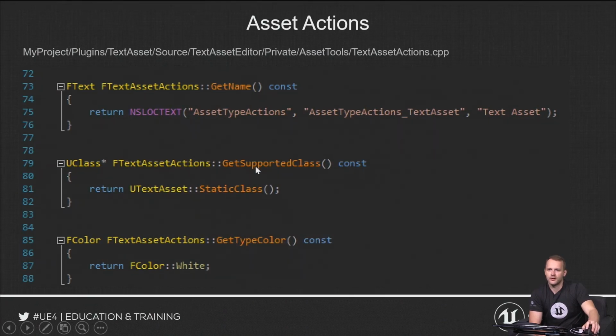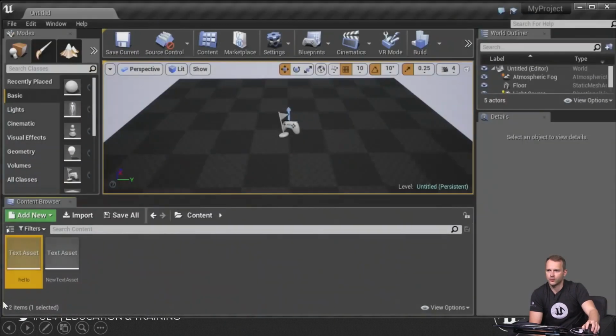There's also a function called GetSupportedClass, which tells the editor that this asset action implementation is meant to be used for the UTextAsset class. You have to implement this, otherwise the editor won't know which type of asset to customize. And then here on the bottom, we return the color of the asset thumbnail, which in this case is just white. That's why we have a little white bar here on the bottom.